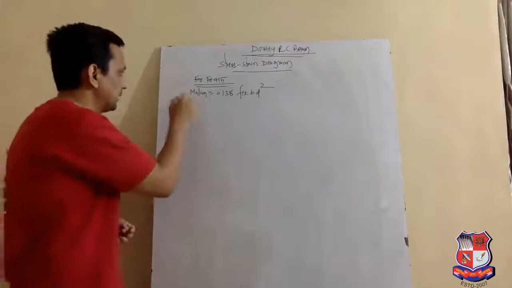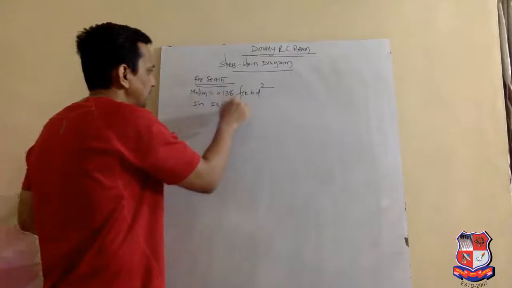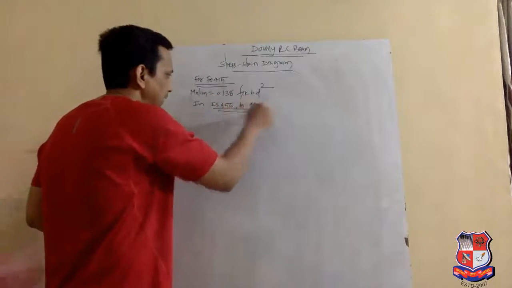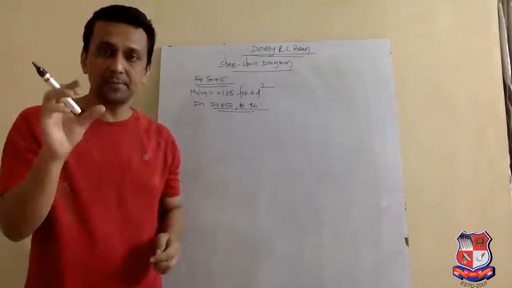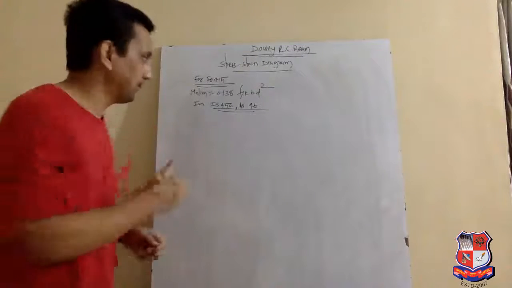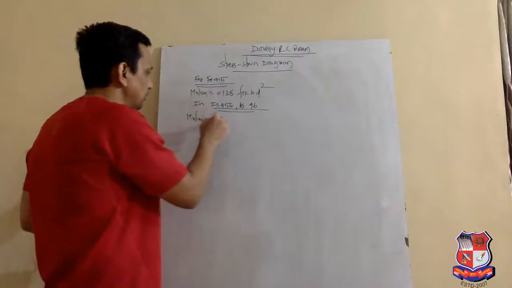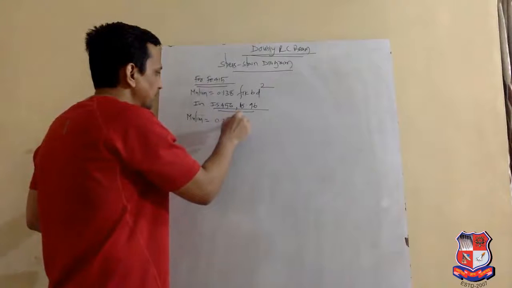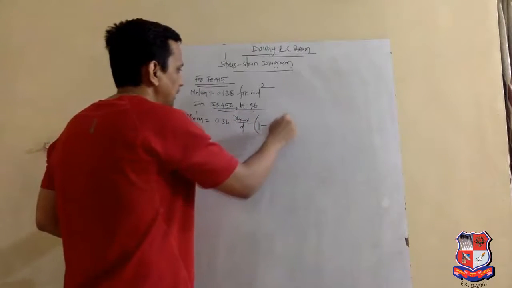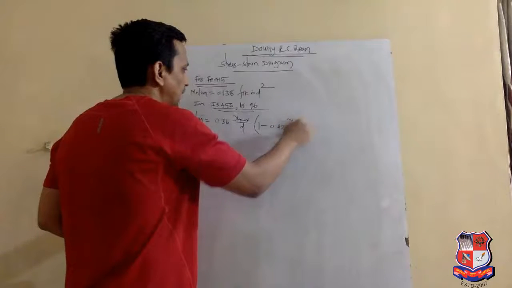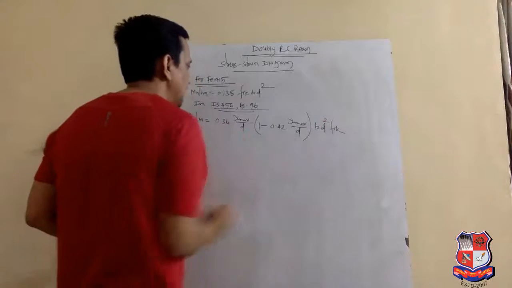We know that in IS 456 page number 96, they have given the equation of MU lim. MU lim is equal to 0.36 XU max by D into (1 minus 0.42 XU max by D) BD square FCK.